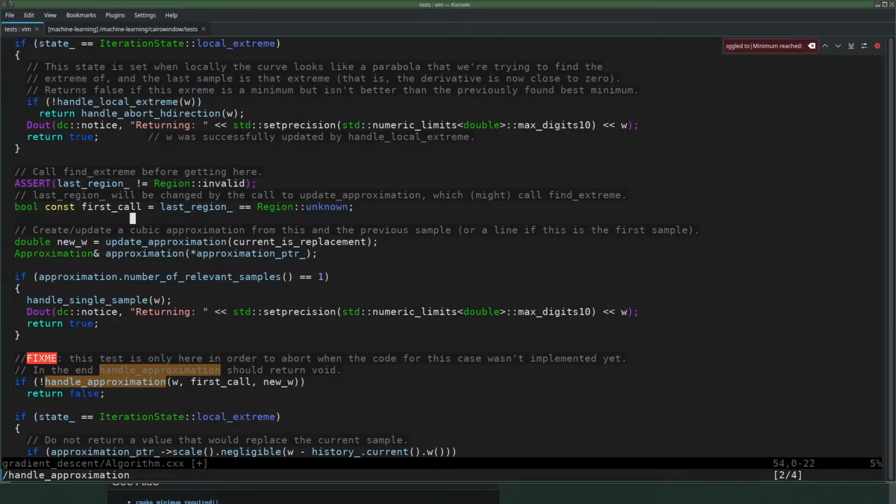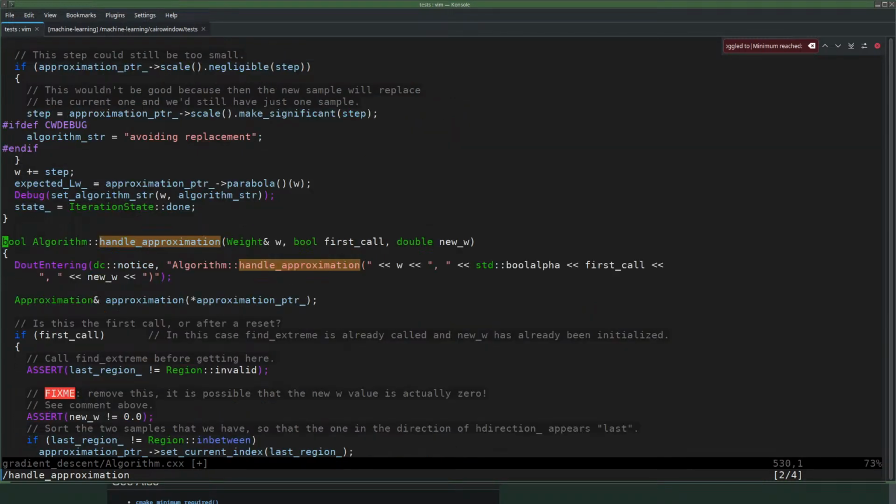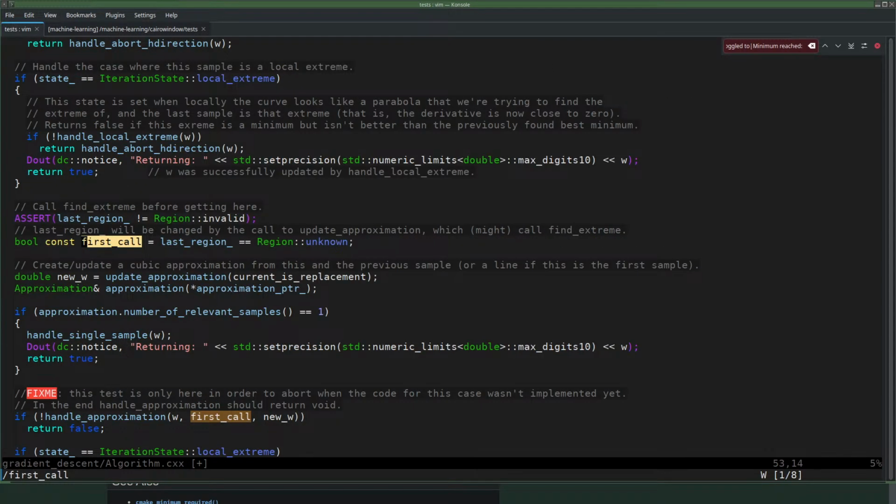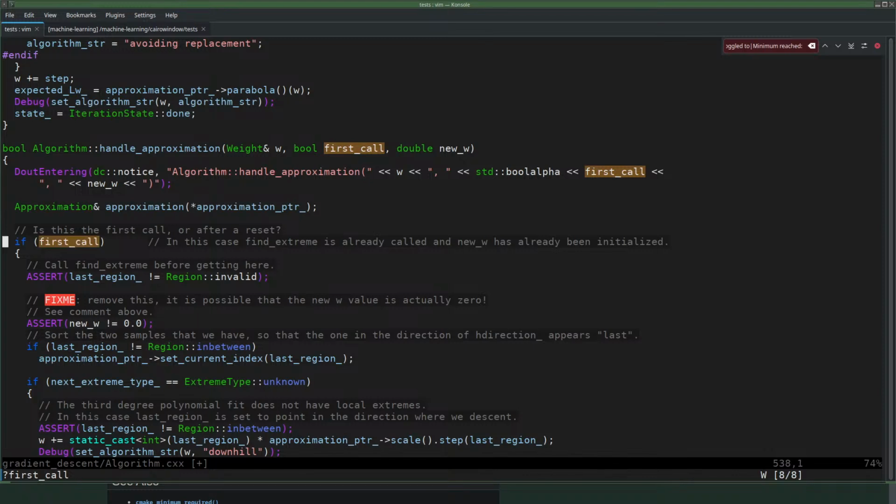So that's why it's cached here, and then we just pass it to handle approximation. And then first call is going to be used just in that if. Is that all? Seems so.